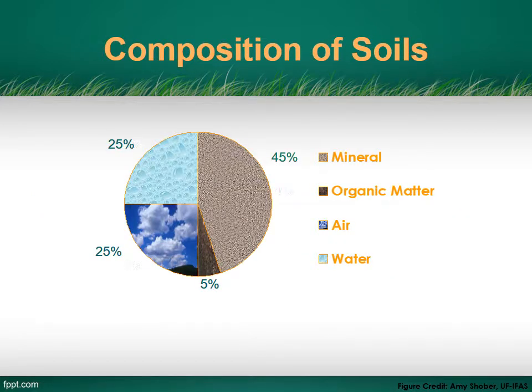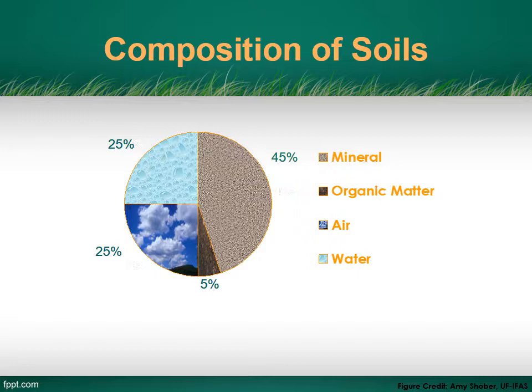So in an ideal soil, you will have 25% water, 25% air, about 45% of the natural mineral component, and then 5% organic matter. Now, as we're going to learn in a little bit, in Central Florida, the organic matter component can be much smaller than 5%.